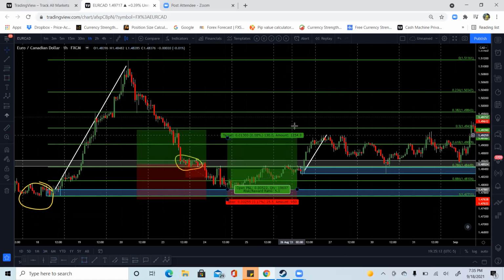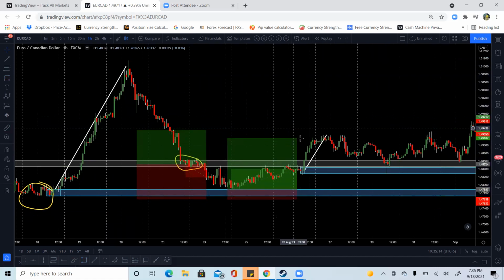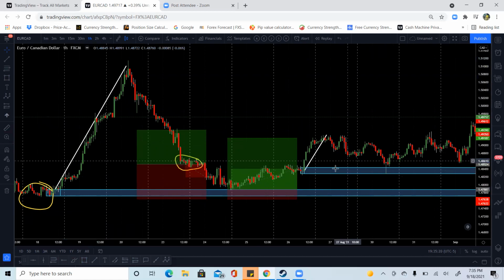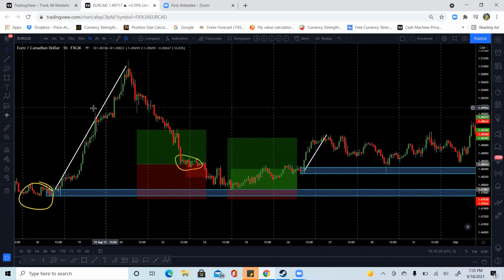You see how, let me get rid of this Fibonacci so you can see, and this support and resistance. You see how the market returned to that level and created its move. The opening of that institutional candle, see right there, is about right there.